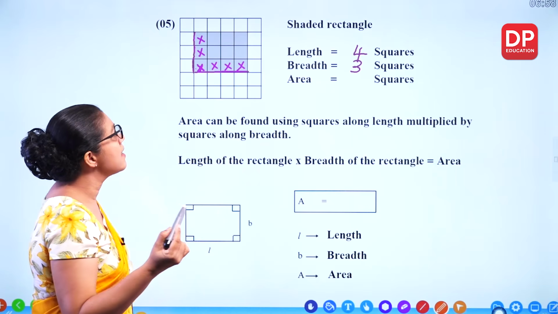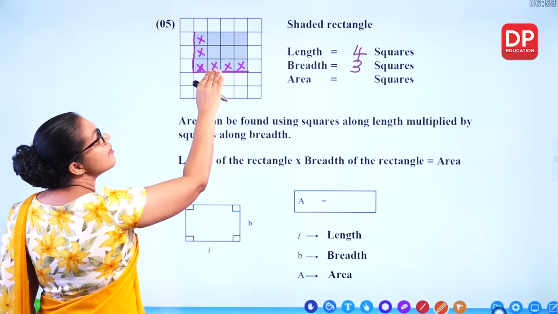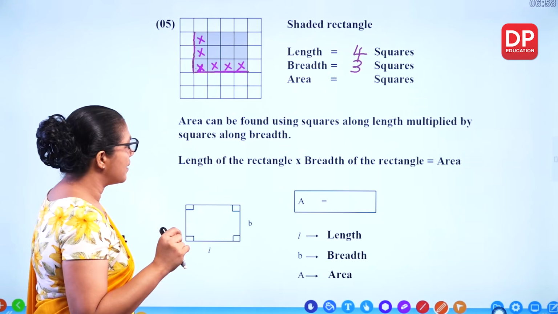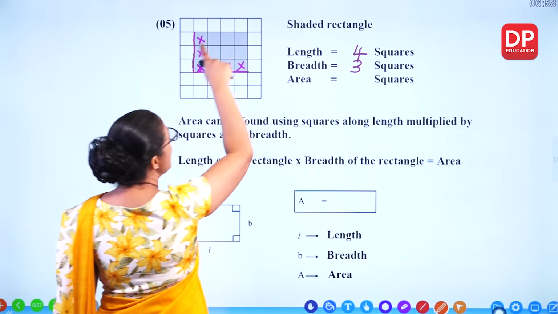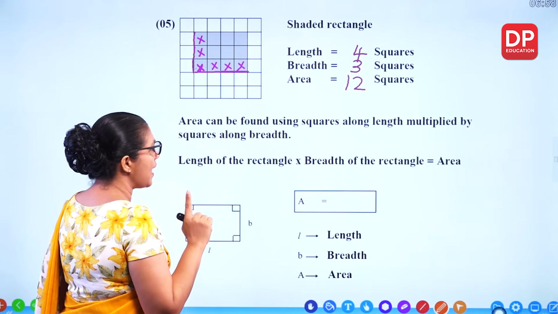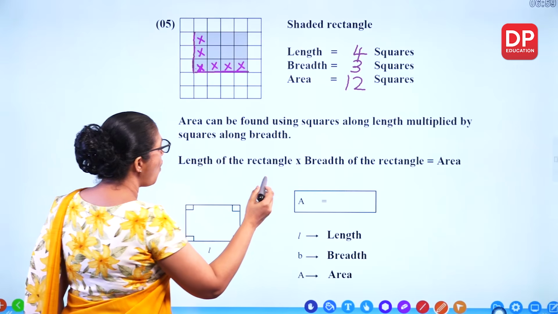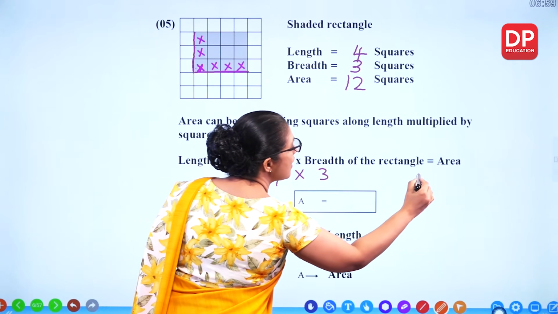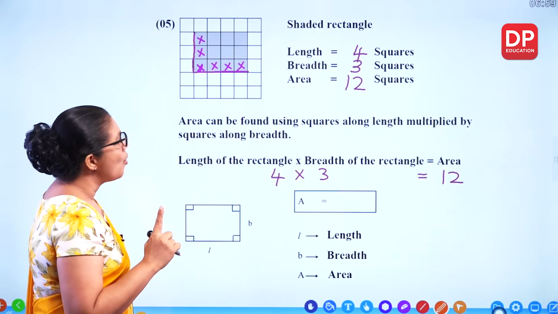You can get the total number of squares using squares along length into squares along breadth, so 4 times 3. How do we get this 12? We can say length into breadth. 4 times 3, you get 12. 12 squares are there.